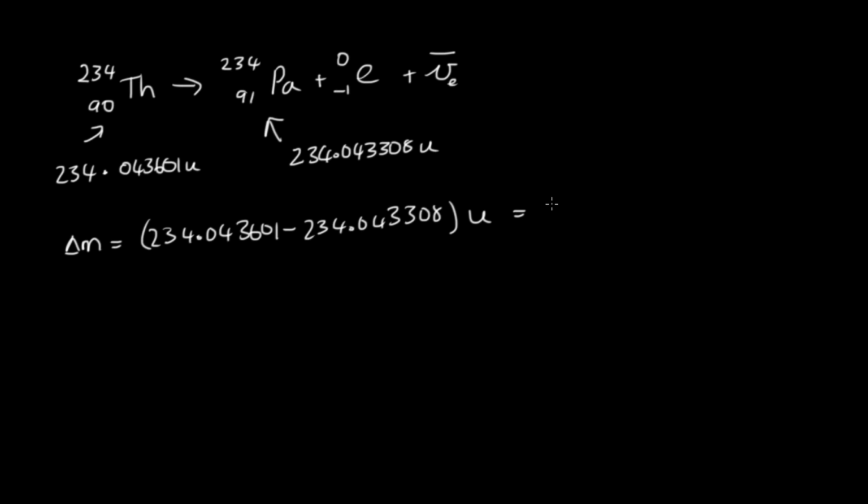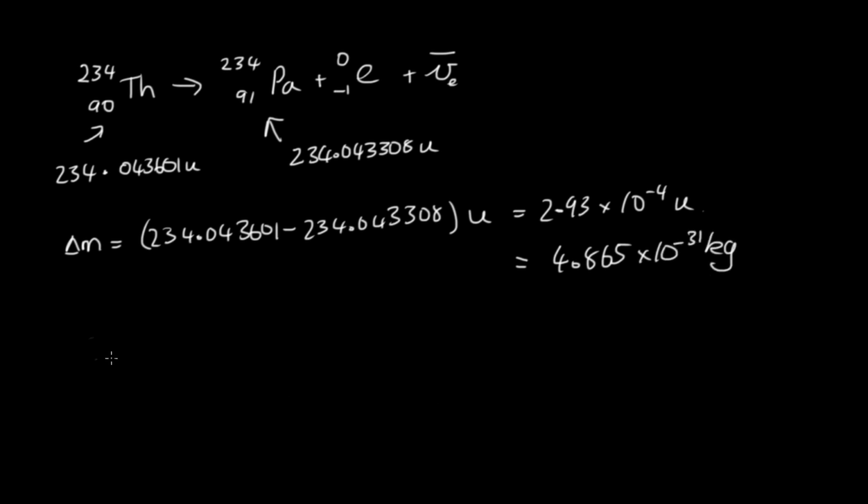This is equal to 2.93 times 10 to the minus 4 atomic mass units, which, to get it into kilograms, we need to multiply by 1.66 times 10 to the minus 27. Doing that, we get 4.865 times 10 to the minus 31 kilograms.